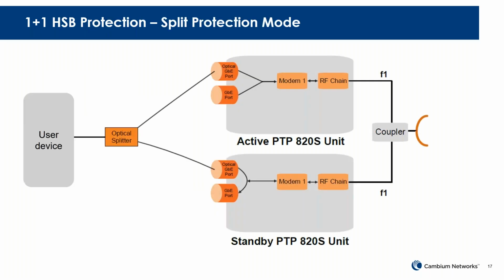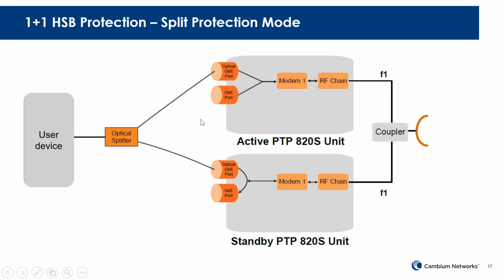Okay. So with the 1+1 hot standby split protection mode, you will use an optical splitter. Basically the optical ports of the two units are combined by a y-wide fiber cable and deliver one single optical cable to the user device.